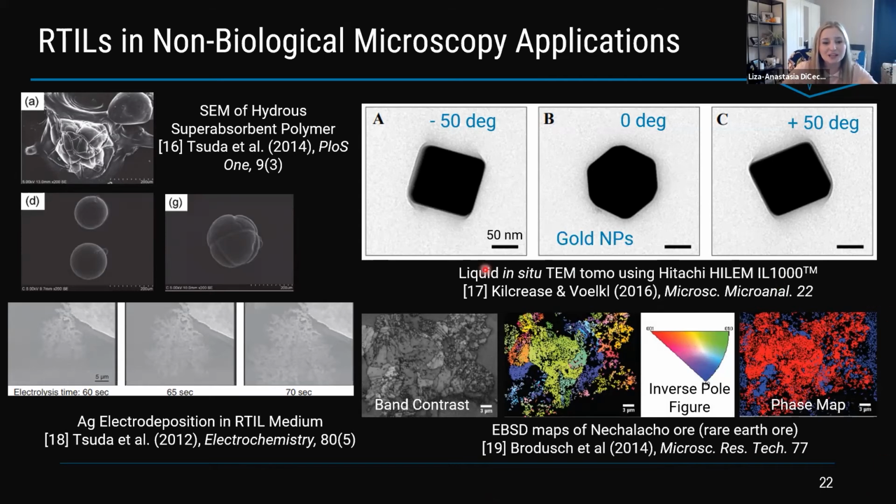But what was really neat is they were able to get EBSD mappings. They have really nice band contrast and inverse pole figure maps, as well as phase maps, that they were able to achieve with the ionic liquid treatment on these non-conductive earth mineral structures. That was a really neat application I've seen.